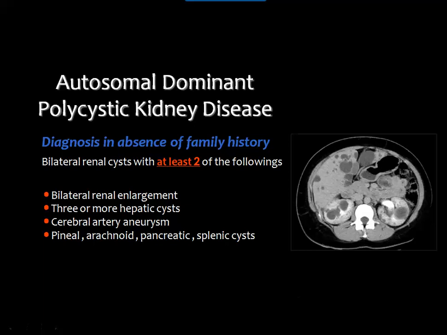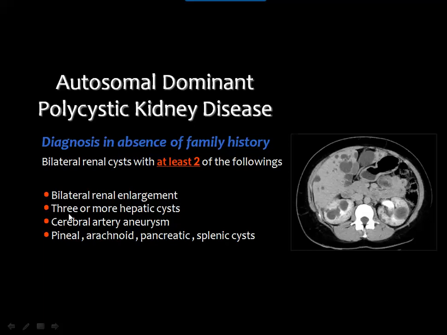Then if you are confronted by a case of multiple bilateral cystic lesions in absence of positive family history for polycystic kidney disease, then at least two of the following criteria will support your diagnosis of autosomal dominant polycystic kidney disease. Number one is bilateral enlargement of the kidneys.